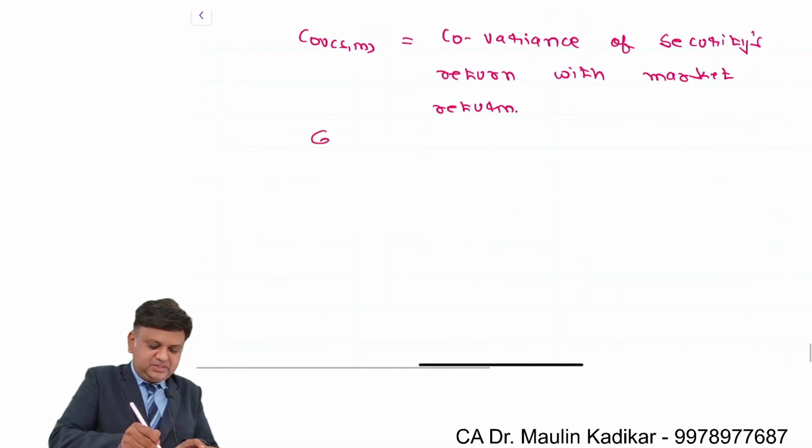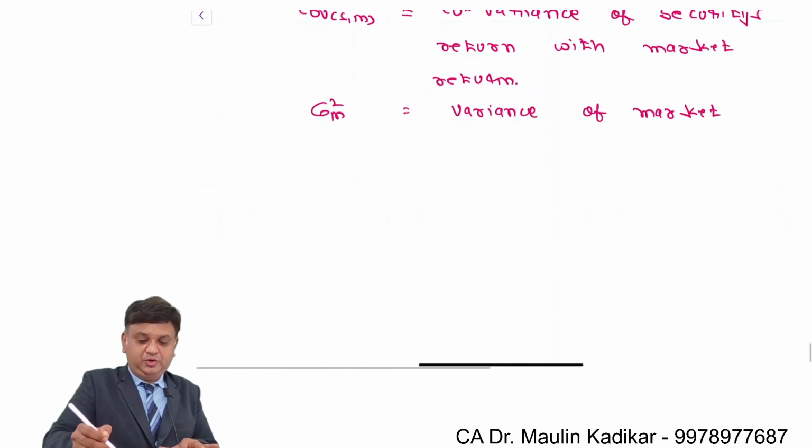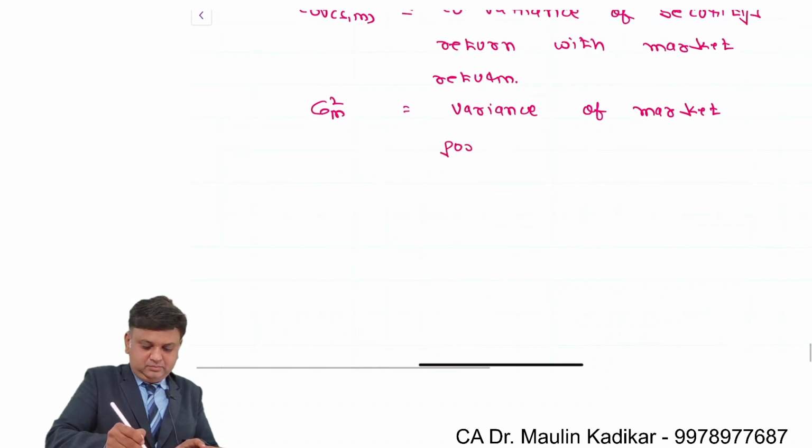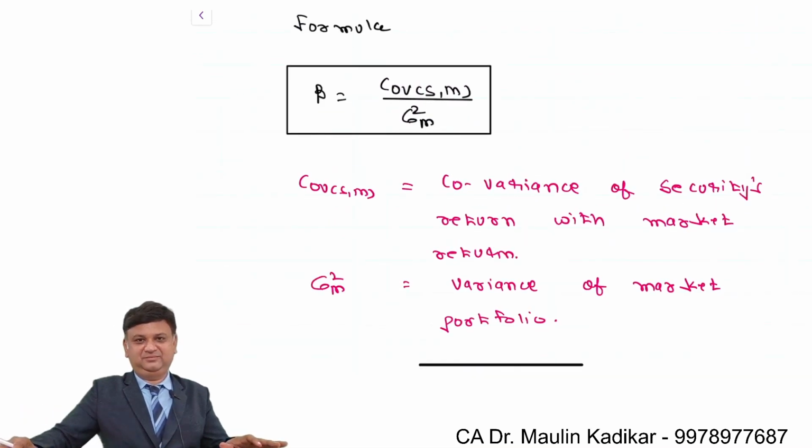Sigma m square is the variance of the market portfolio.